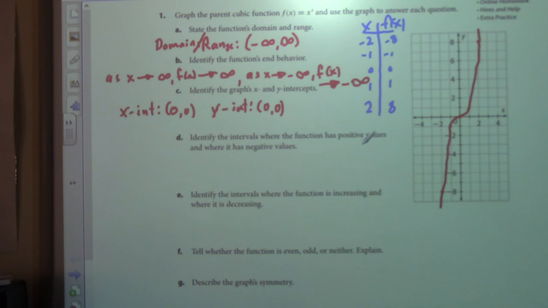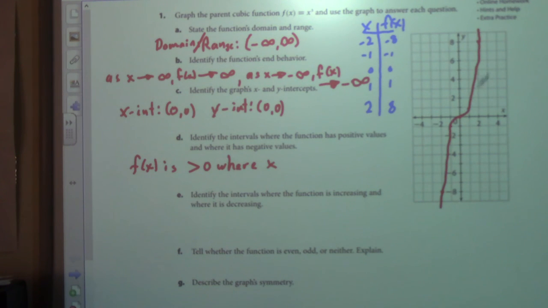Identify the intervals where the function has positive values. So we'll say f of x is greater than 0 where x is greater than 0.